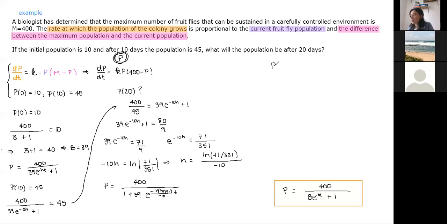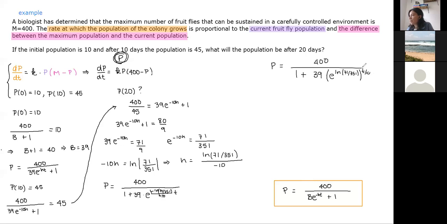If I simplify this, I'm going to have that p is equal to 400 divided by 1 plus 39 times. The minus and the minus here cancel out, and I'm going to write this as e to the ln of 71 over 351 times t over 10, or the whole thing to the power of t over 10, right?